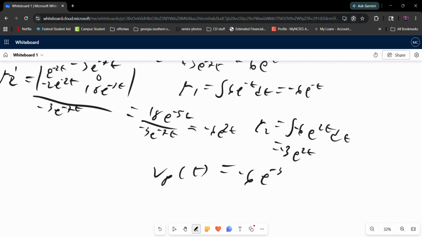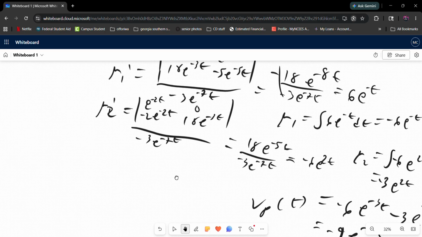So that's negative 6 e to the negative 3t, plus mu2 times e to the negative 5t, so we just have minus 3 e to the negative 3t. So they end up as negative 9 e to the negative 3t.